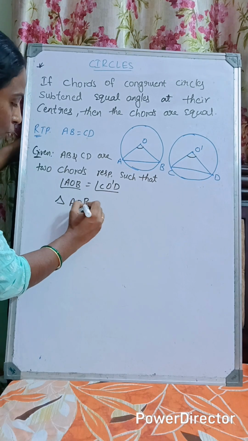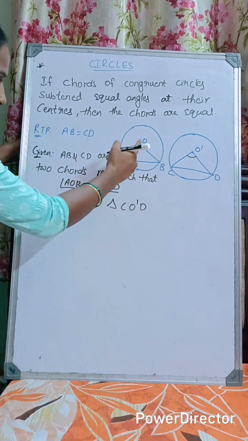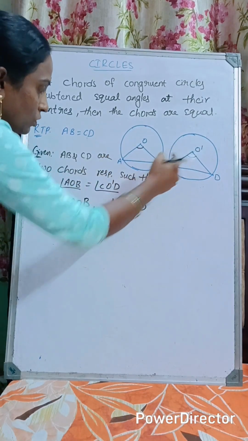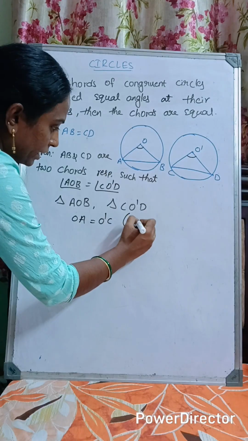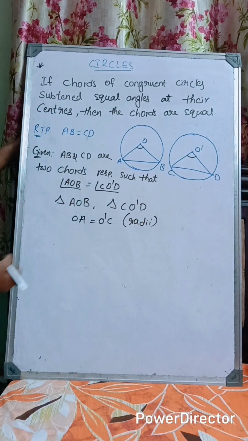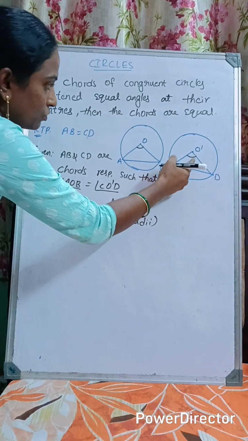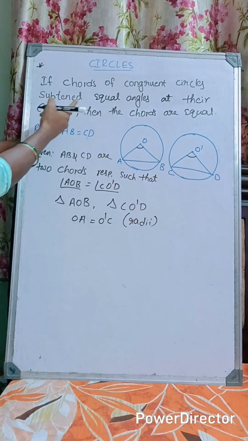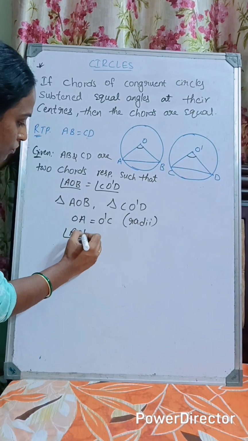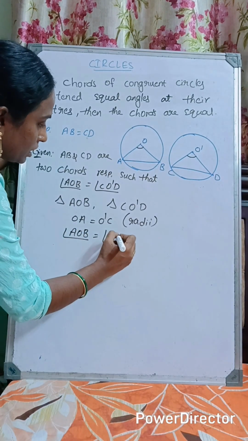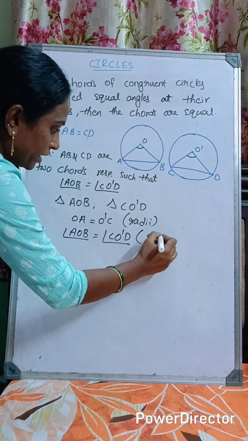Triangle AOB and triangle CO dash D. So, as we know, OA is equal to O dash C. Why? Because those are radii of congruent circles, right? Radii are equal. And angle AOB is equal to angle CO dash D because they are given to subtend equal angles at their centers. Correct? It is from the given data.